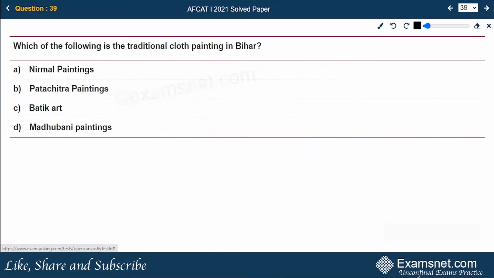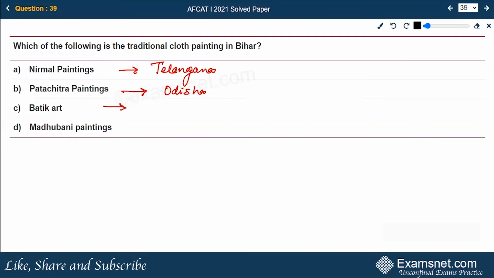Next, question number 39. Which of the following is the traditional cloth painting in Bihar? Is it Nirmal paintings, Patachitra paintings, Batik art, or Madhubani paintings? Nirmal paintings is a popular form of painting in the Nirmal district of Telangana. Patachitra paintings are famous paintings of Odisha.